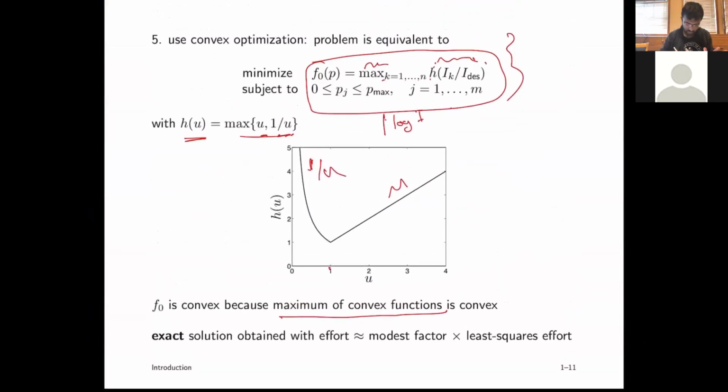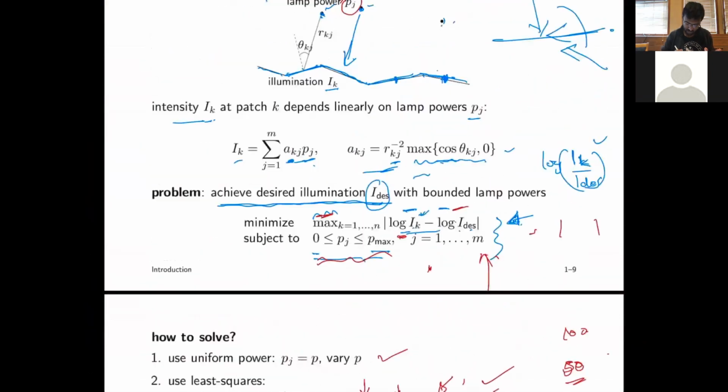No, max of, you have many h of u. Like for each lamp you have this, and max of that is the objective function. So like this here, you are minimizing the max of the problematic guy, right?